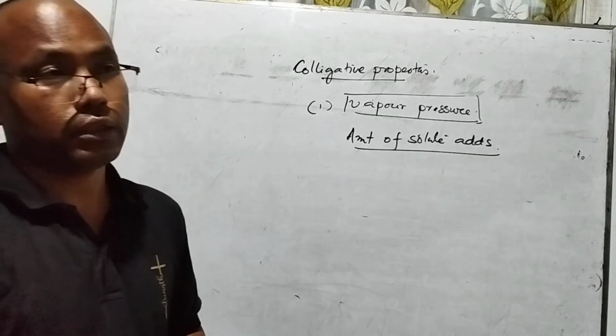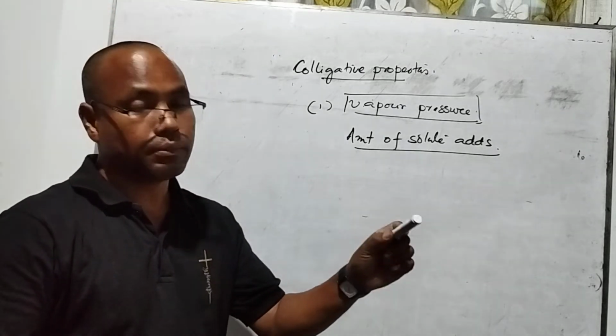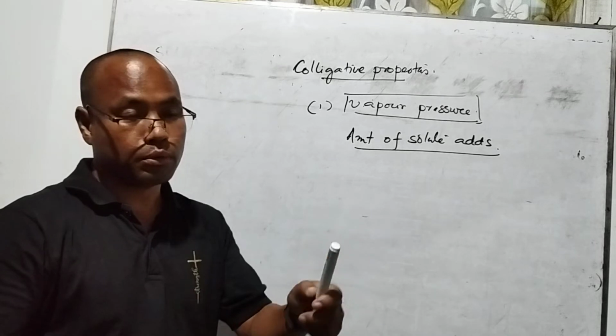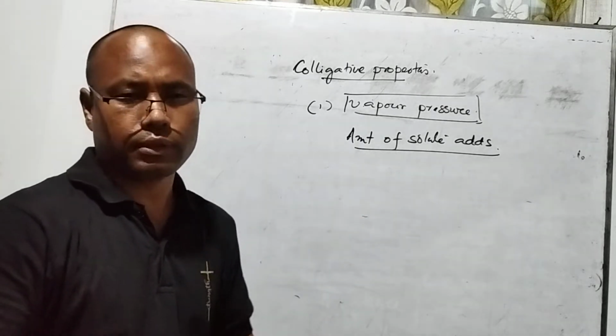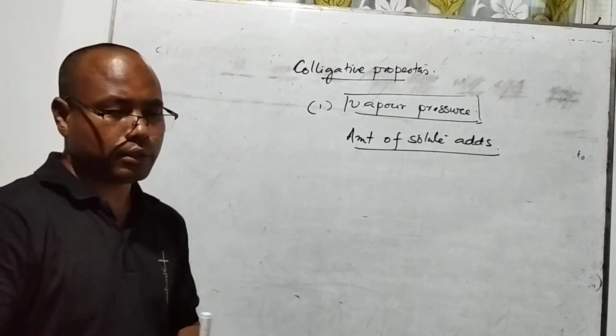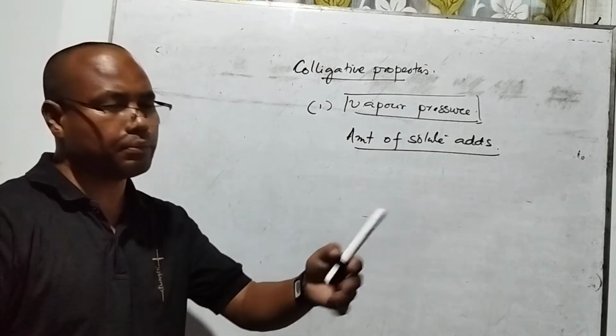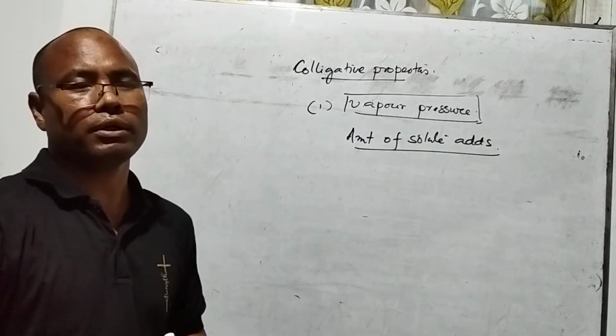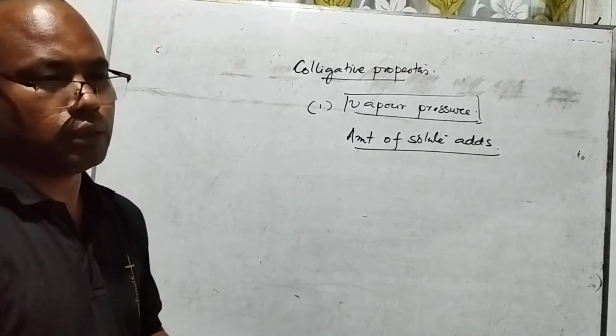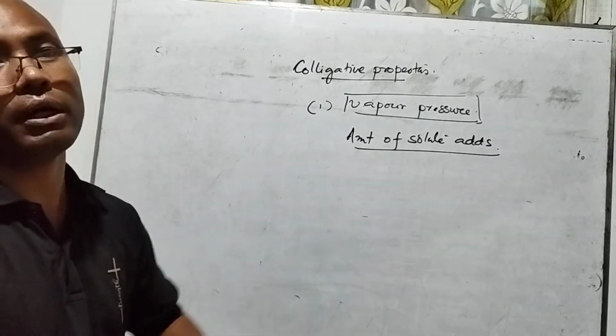As we know, when we add some amount of solute, the solute molecules occupy the surface, meaning the outer surface of the liquid. When the outer surface of the liquid is occupied by the solute molecules, the vapour pressure of our liquid or solution is reduced or lowered, right?